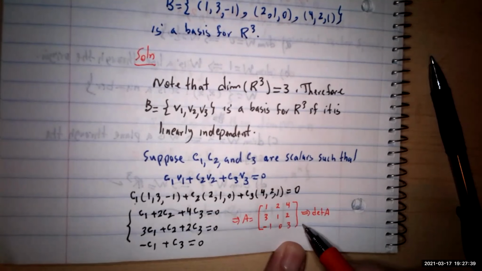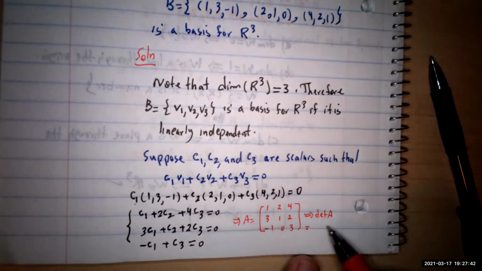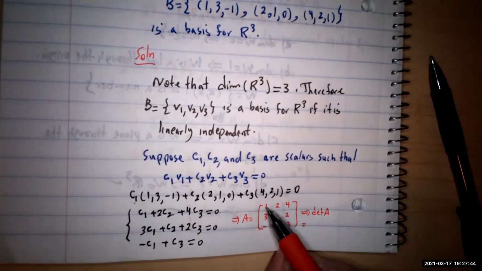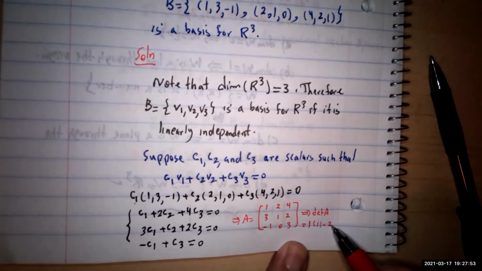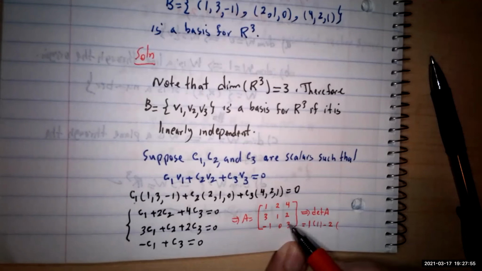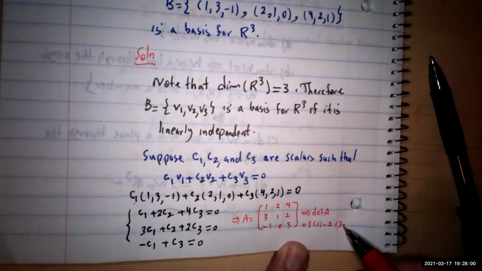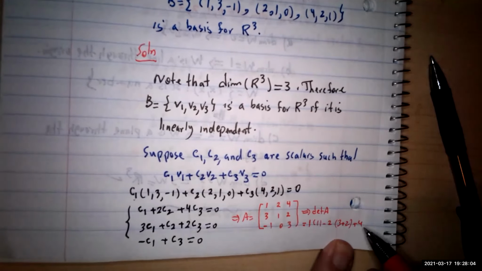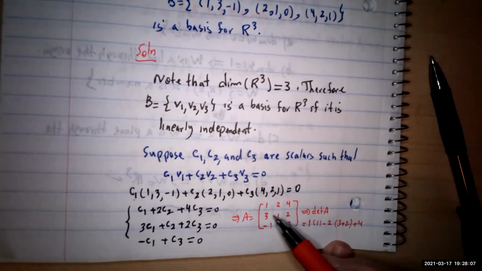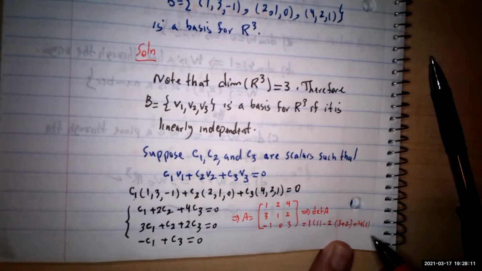Expand through the first row. That gives you 1 times 1, minus 2 times, eliminating the row and the column, 3 plus 2, and plus 4 times, crossing out these two, 1.